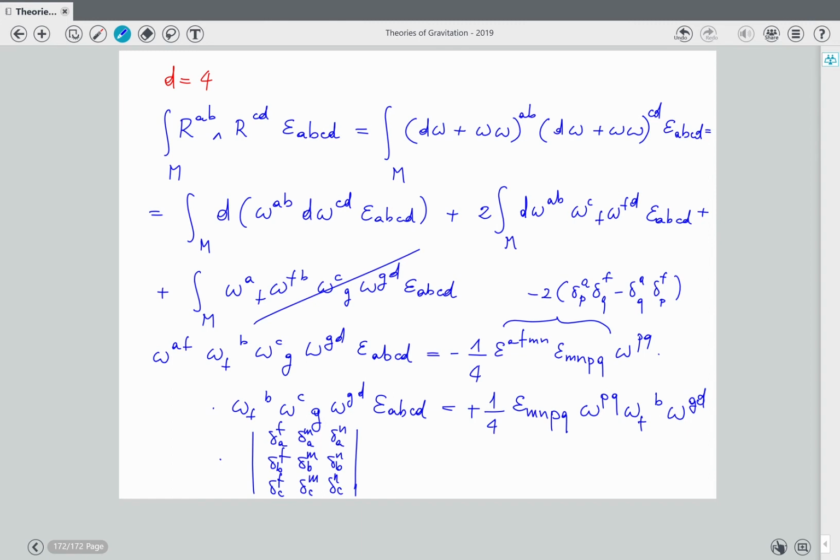So it's anti-symmetric in M and N, which means that we can compute it maybe along this column. So M and N will give twice the same contribution.